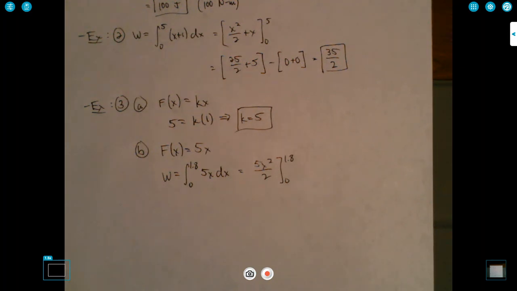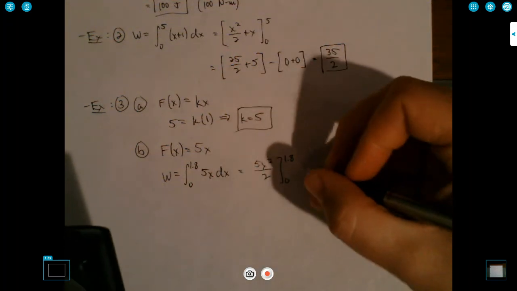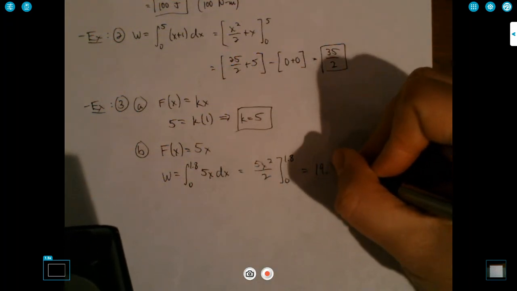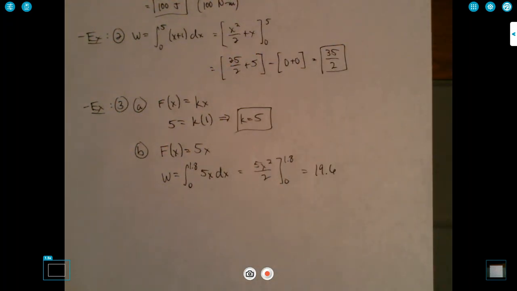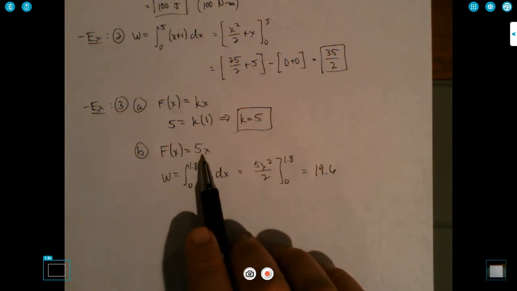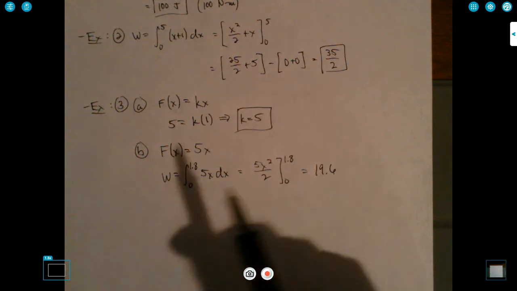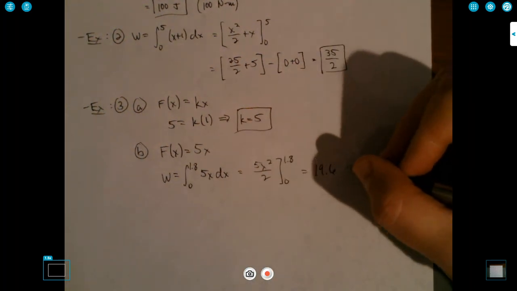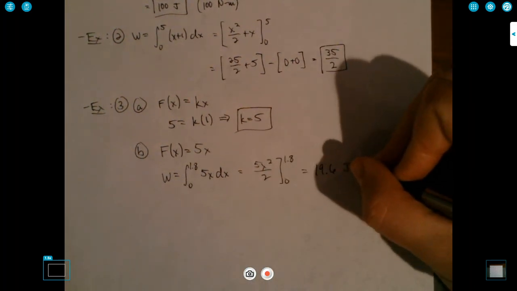And since this is an application problem, and since you were given decimals in the original problem, I'm going to go ahead and give you decimals as your answer. So this is going to be 5 times 1.8 squared divided by 2, and that comes out to 19.6. The force was given in newtons, and the length was given in meters, so this would be joules, right? This would be Newton meters, or in other words, joules.